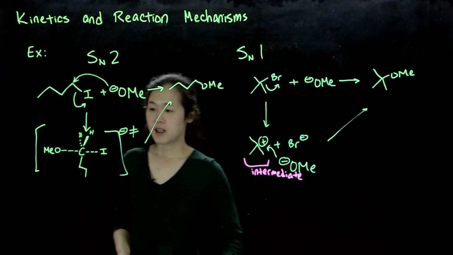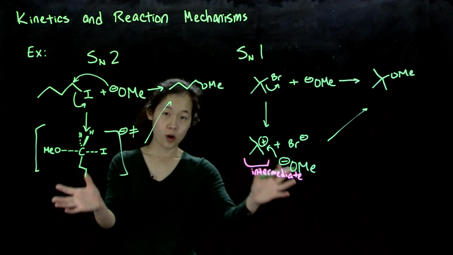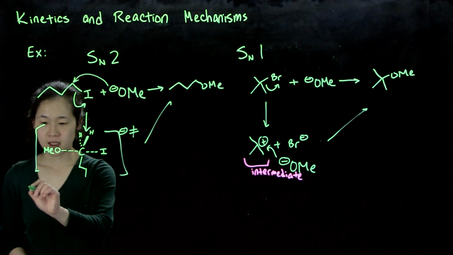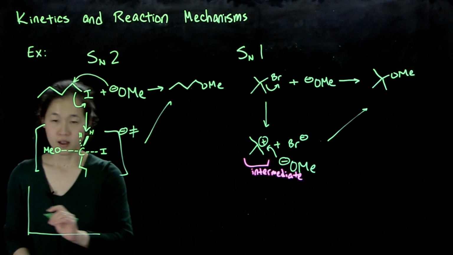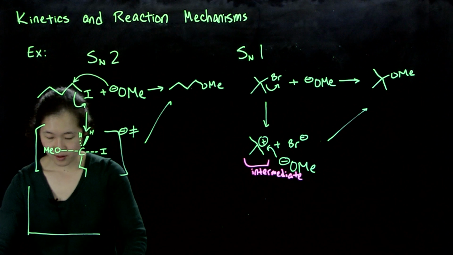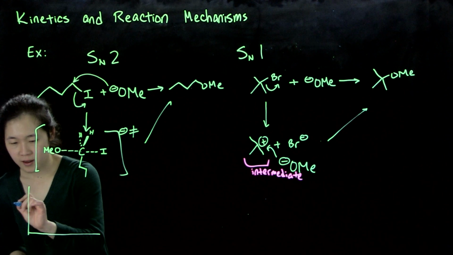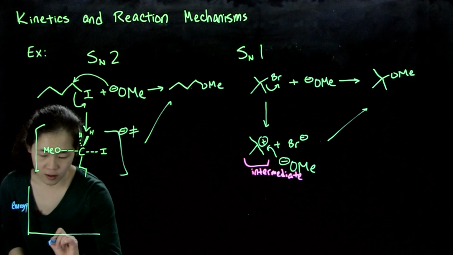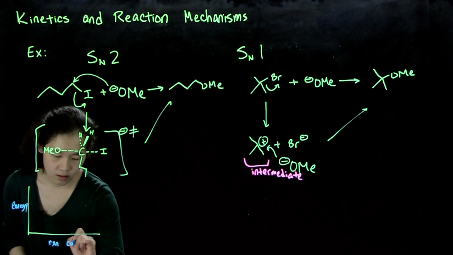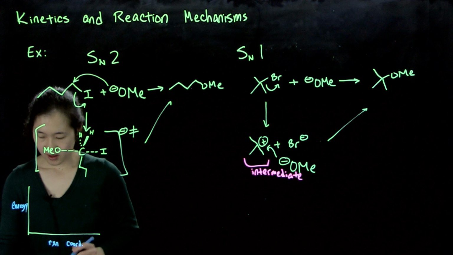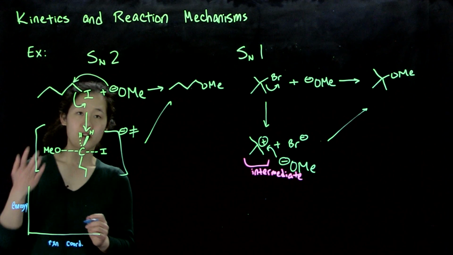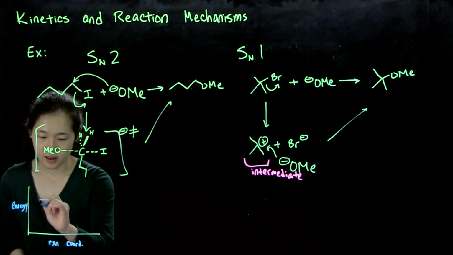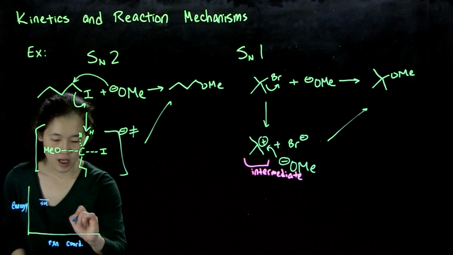The key part is that we can compare these by reaction coordinate diagrams, if we think about the energies of these species. Here's energy, and here's our reaction coordinate. Again, we have our starting material energy and our product.